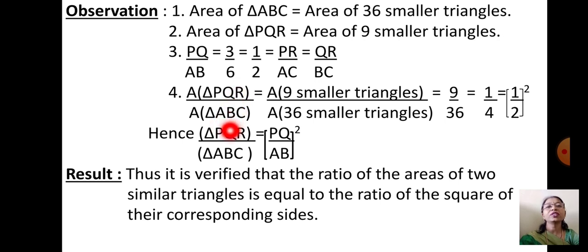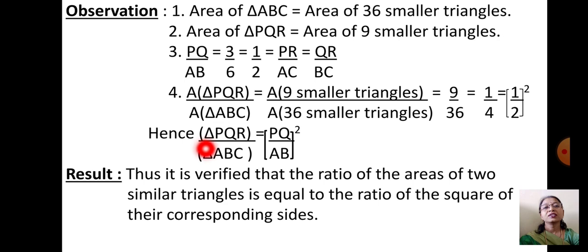Take the ratio of their areas. The area of triangle PQR is nothing but the area of 9 smaller triangles divided by the area of 36 smaller triangles. So 9 upon 36, on cancellation you will get 1 upon 4, that is equal to 1 upon 2 the whole square.